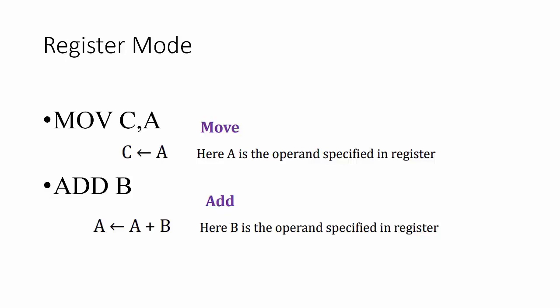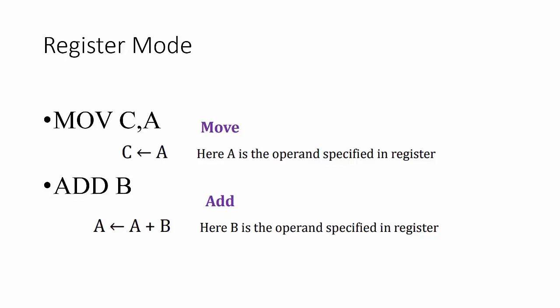Okay, another example, ADD B. The ADD B instruction will perform the addition, and here B is the operand. As you know, for addition we need at least 2 operands. If the instruction specifies only 1 operand, it is understood that the second operand will be the accumulator register.